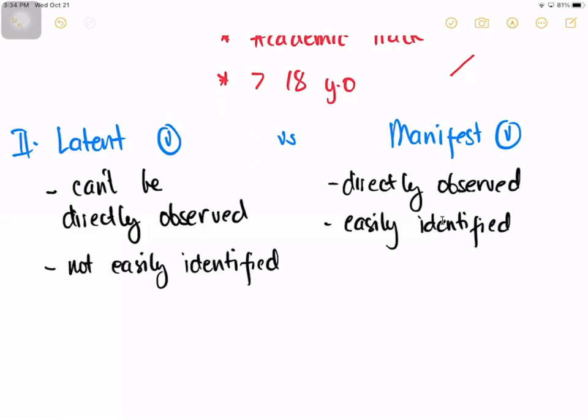So you would identify that the person is anxious, even though he's not showing it. So the anxiety there is now a latent variable, because you have to use tests and certain tools to identify if those variables indeed exist.